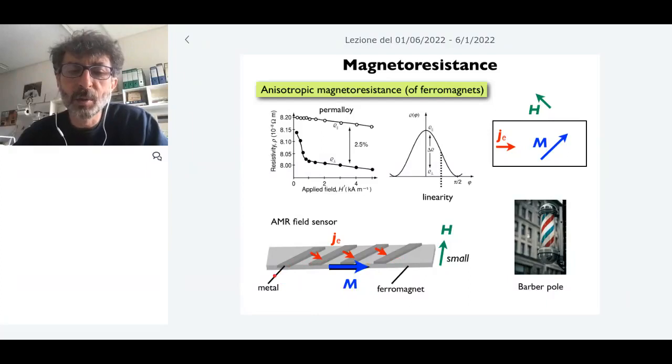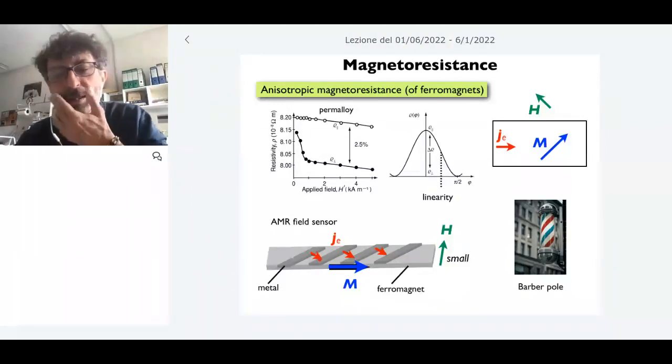Well, the current will mainly go through the metal, but then in order to pass from one to the other, it has to go into the ferromagnet. And then we have exactly the situation that we wanted. The current flows at 45 degrees because it's the minimum distance between the two slides. And we have really the condition that we wanted. This is the barber pole AMR sensor.